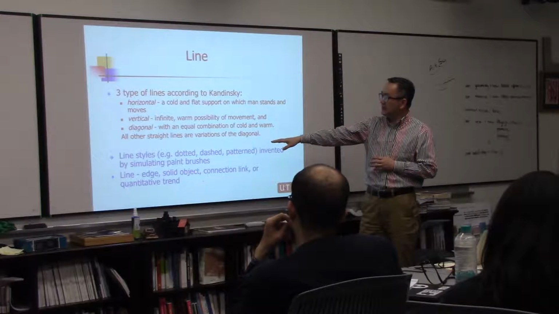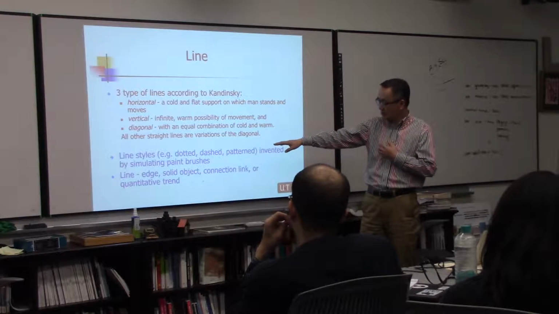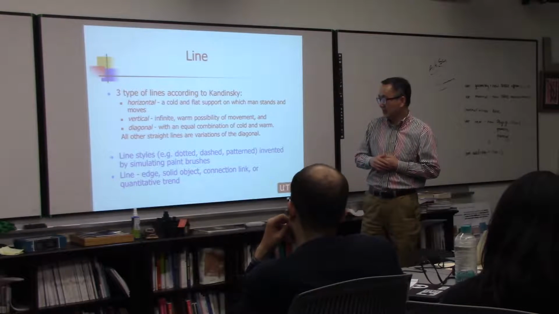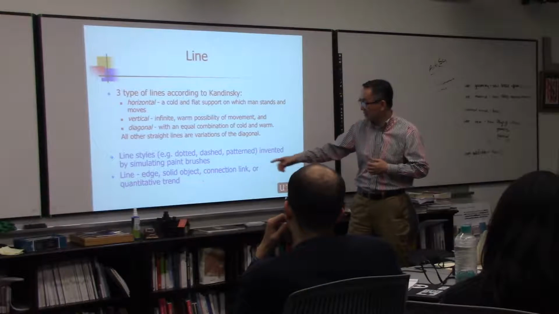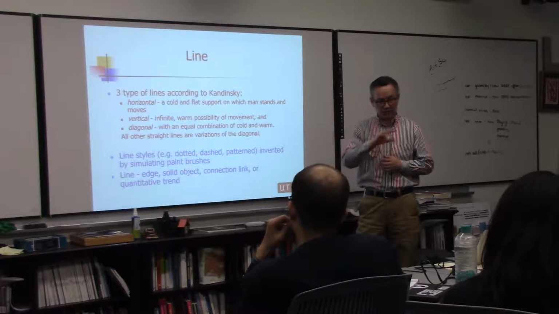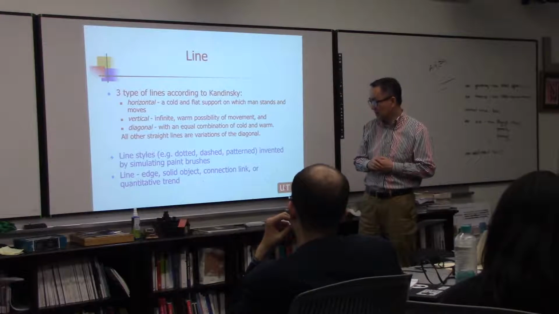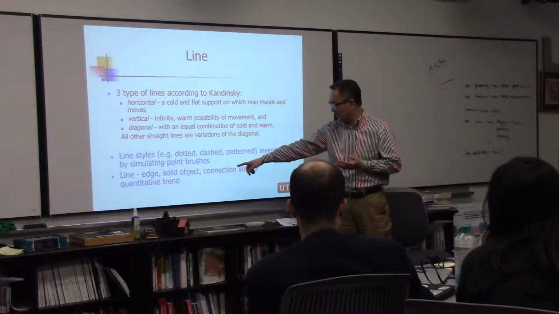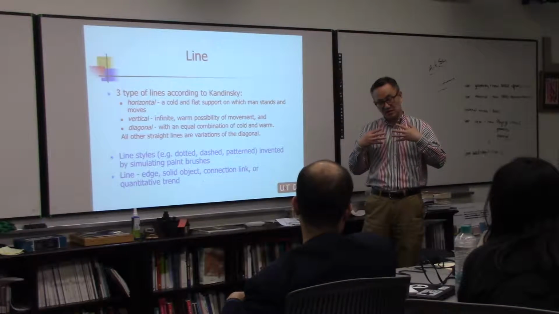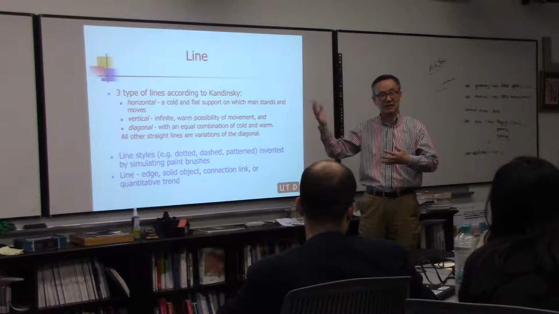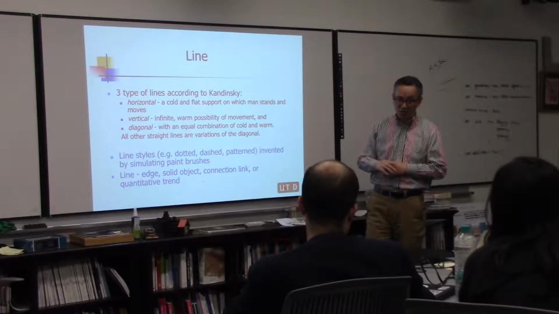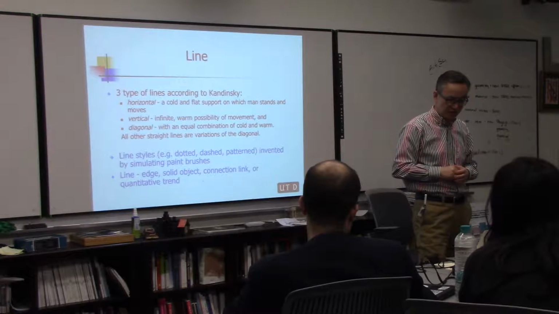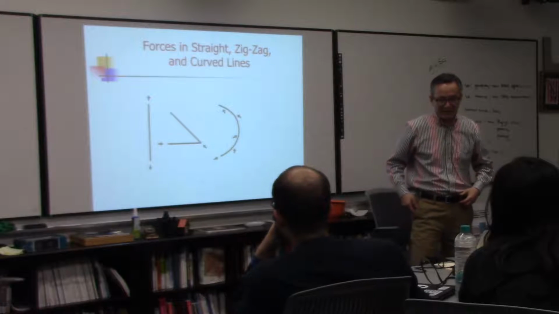In information visualization, we use line styles: dotted, dashed, patterned. We could also simulate paint brushes with brush strokes. We also use an edge and a solid object, connecting these edges to make a graph or a trend diagram. These are all successfully used in statistical charts.